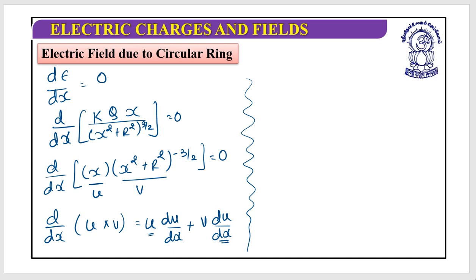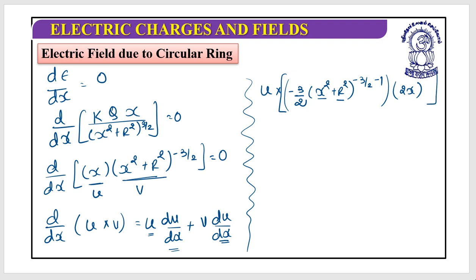Let's say u would be as it is, multiplied by this which is to be differentiated, (x square plus r square) to the power minus 3 by 2. How this is minus of 3 by 2 into (x square plus r square) to the power minus 3 by 2 minus 1, multiplied by, you need to differentiate x square plus r square also, according to the chain rule, multiplied by 2x.